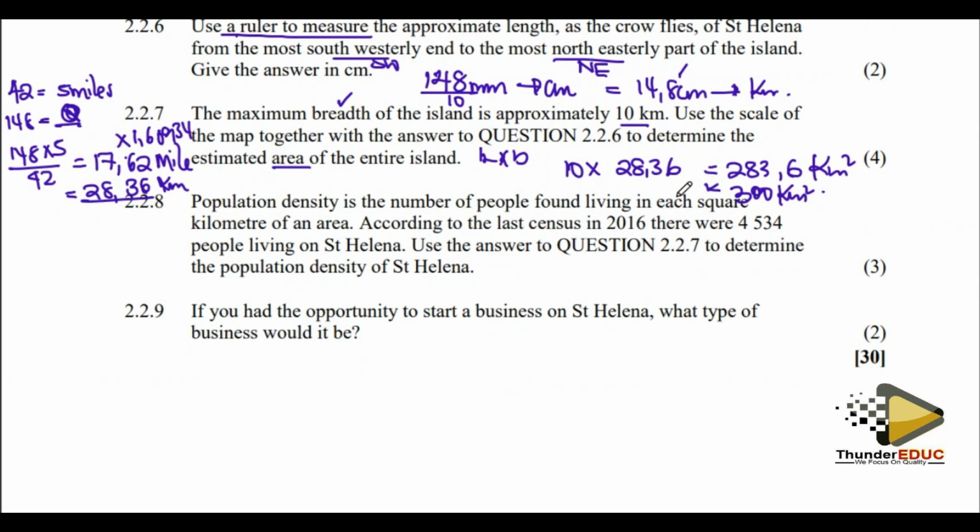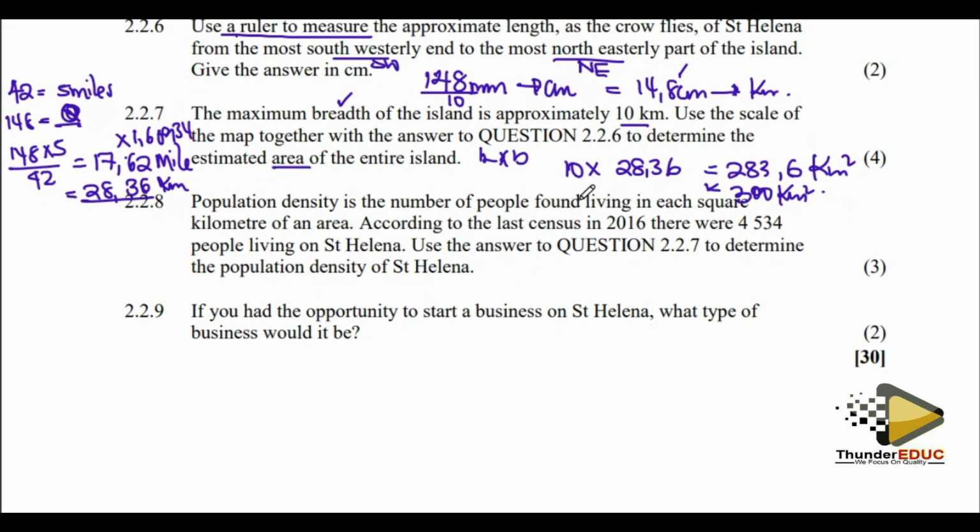All right. We go to 2.2.8. It says the population density is the number of people found living in each square kilometer of an area, according to the last census, which is the process of counting the population of people occupying a given area.